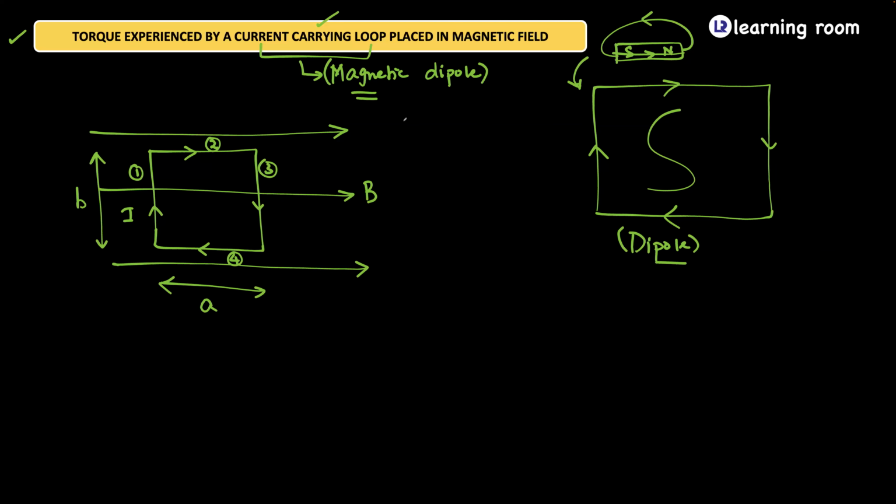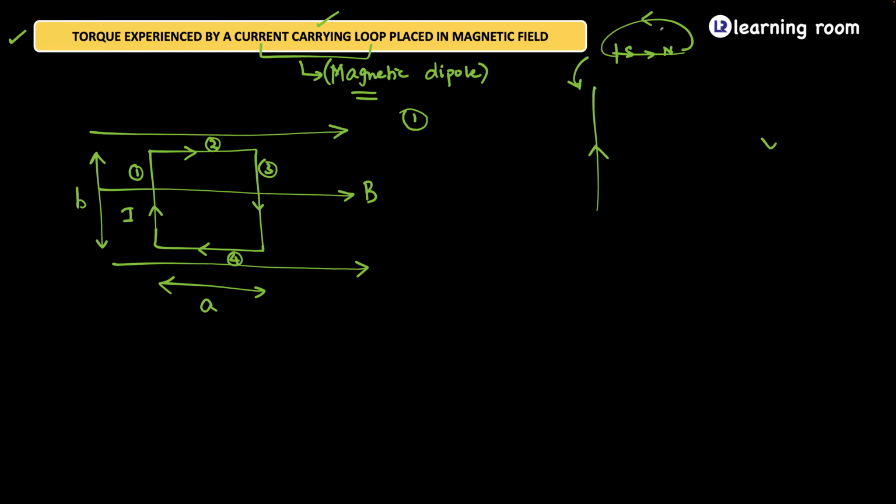So on the first conductor, tell me what is going to be the force. We know that F is equal to BIL sin theta when you take it in terms of magnitude.